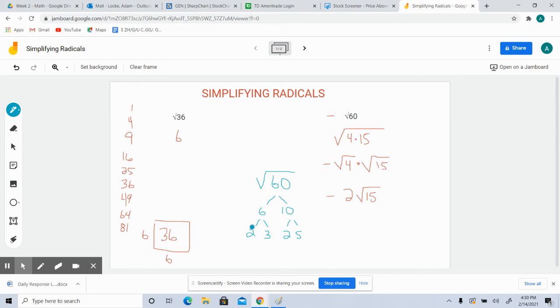From this point, we're going to take numbers that are the same, and one of them is going to go outside our radical. Any number not the same is going to go inside and be multiplied by each other.